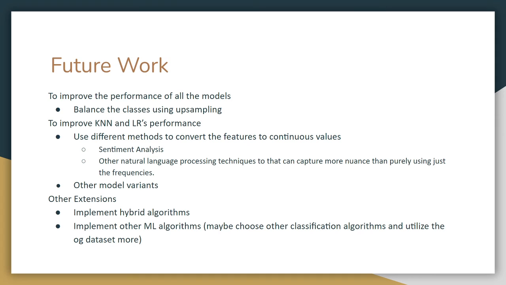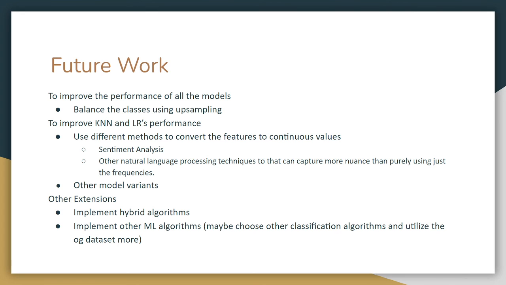We could use different methods to convert the features to continuous values, maybe something that's more meaningful than that frequency percentage sum. Some ideas are assigning sentiment analysis scores to the different features, or doing some other kind of natural language processing techniques.